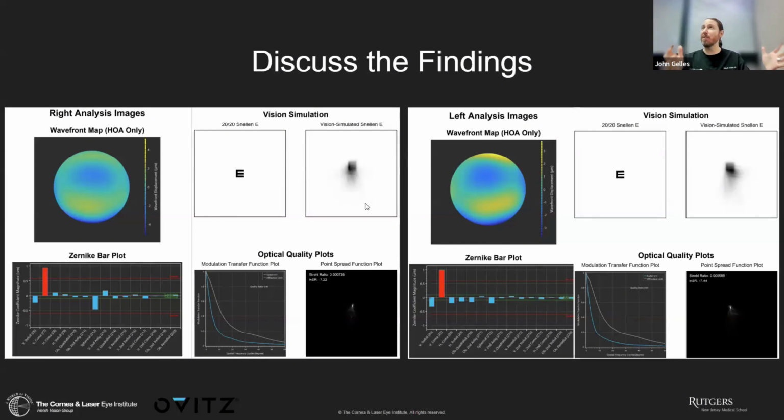You understand what I'm saying when I'm talking about the quality of vision, and you can really connect with them. But this is also a great way to talk about the results, because you can show them, hey, that bar that was red before is now blue. And you can see how the point spread function got better and how the simulated E improved in its quality.